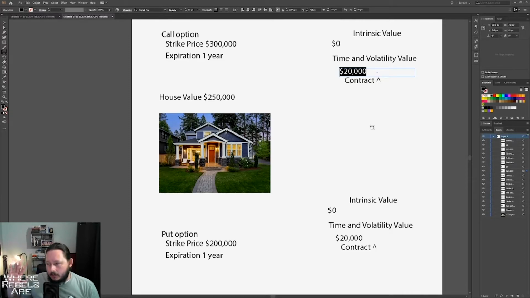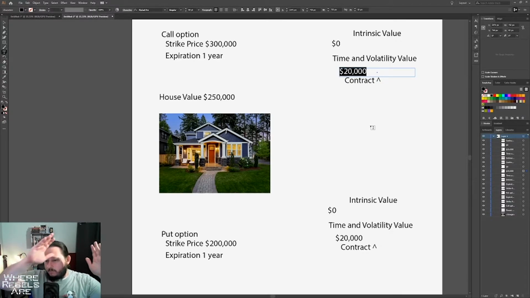Okay, an option that goes 90 days out, you're going from, let's say, 90% of the time volatility premium down to that last 30 days of being about 65-70% of the time volatility value.